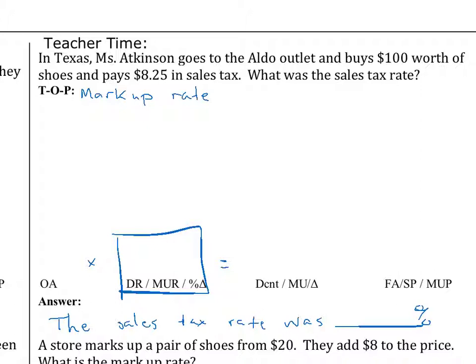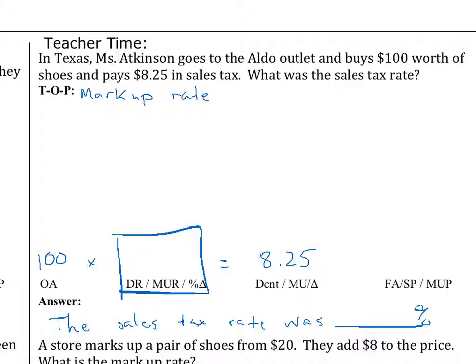Yeah, 2. That's how much was added on. So that much was added on in sales tax. All right, now the question is, added on to what? What's the original amount here? $100. So the original amount is $100.